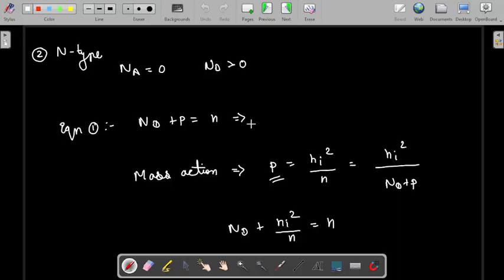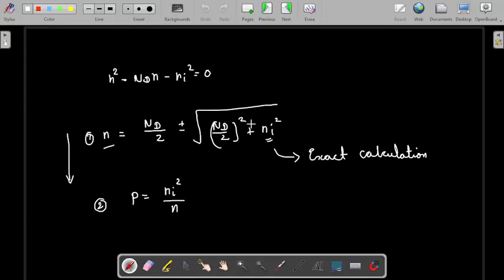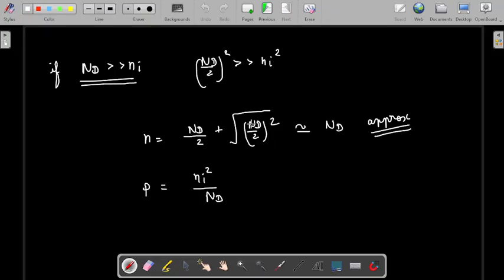I am applying the P value here, the minority charge carrier, in order to replace it with the majority charge carrier, because we need to remove the two unknown quantities, right? From this we get the exact calculation of the majority charge carrier N. From N we can get the minority charge carrier P. If Nd is much greater than Ni, then we can use the approximation here. The approximation will help in some cases but not in all cases, so please make a note of it.